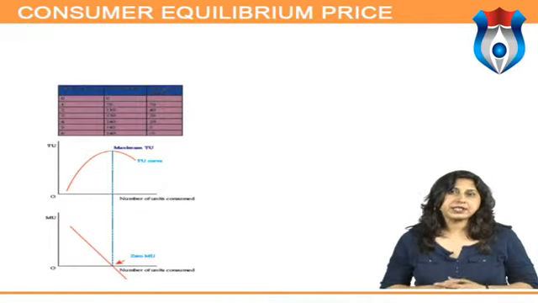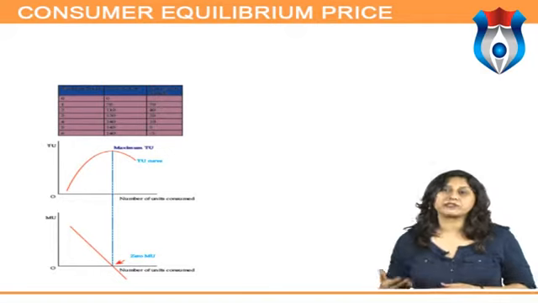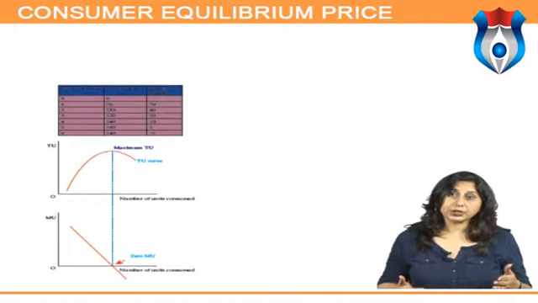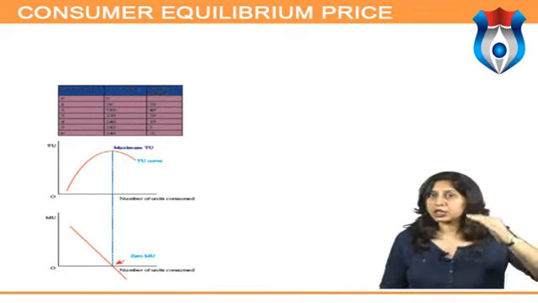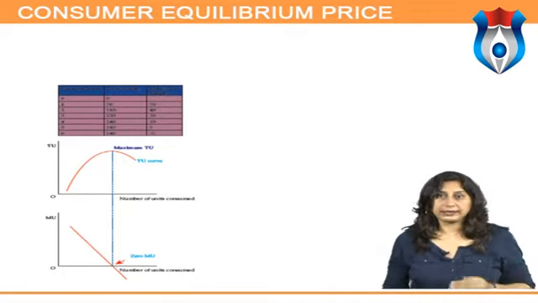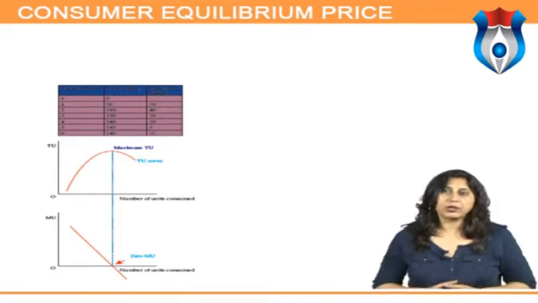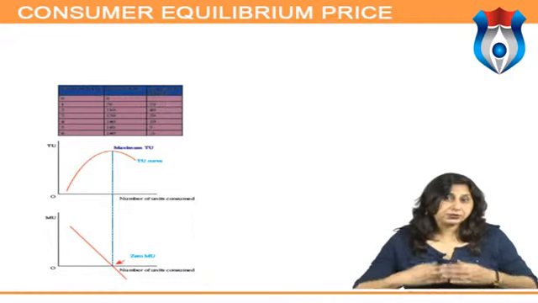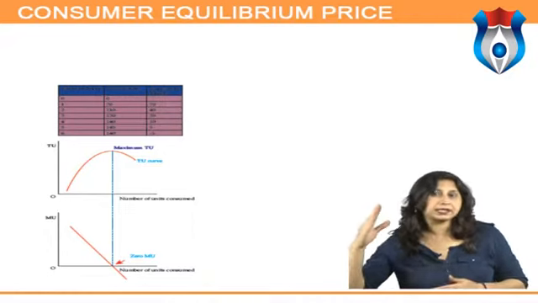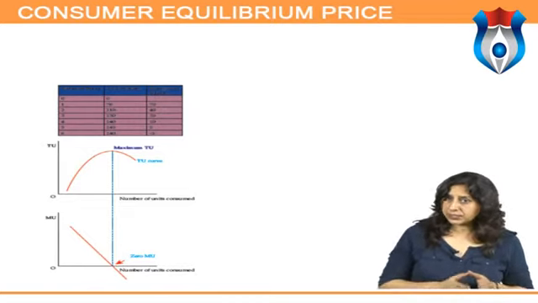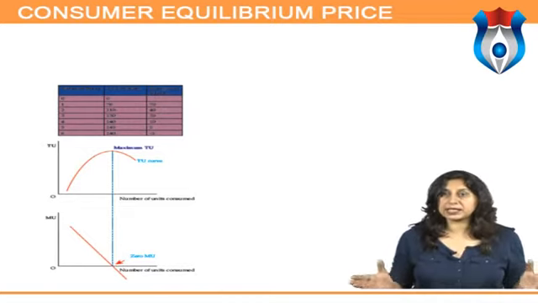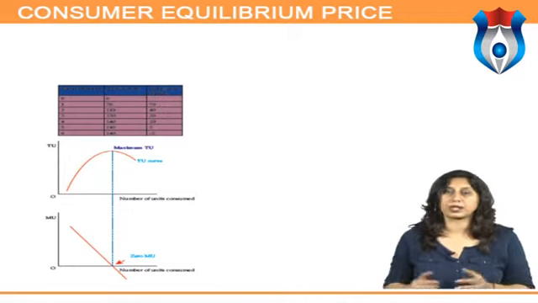If a consumer takes more and more units of a commodity, the additional utility he derives from an extra unit of the commodity goes on falling. Thus, according to this law, the marginal utility decreases with the increase in the consumption of a commodity. When marginal utility decreases, the total utility increases at a diminishing rate.